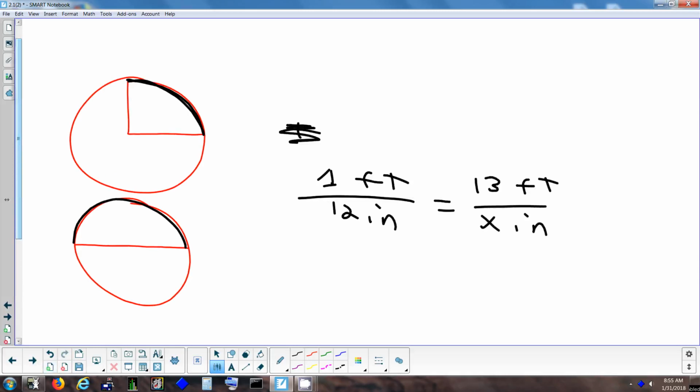I can set up a proportion and solve it, and it's all because I knew a fact to start with. Angle size and arc size are directly proportional, so this concept applies. If they weren't directly proportional, you couldn't set up a proportion.